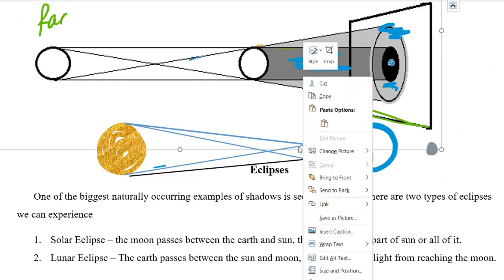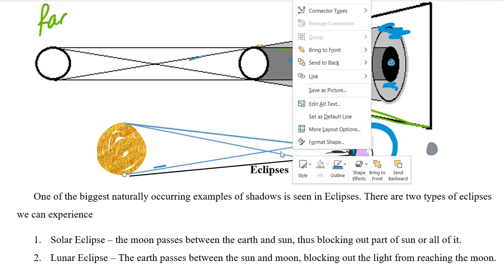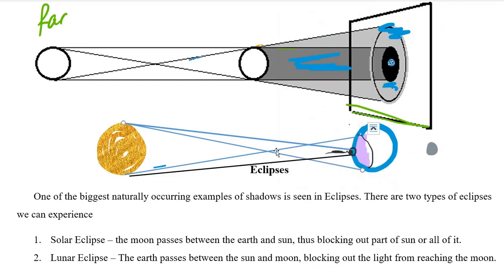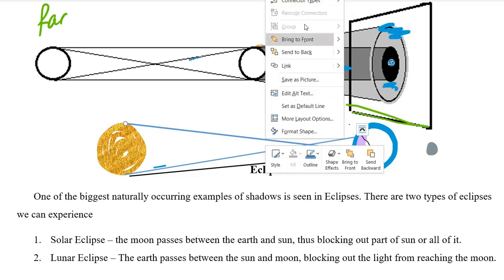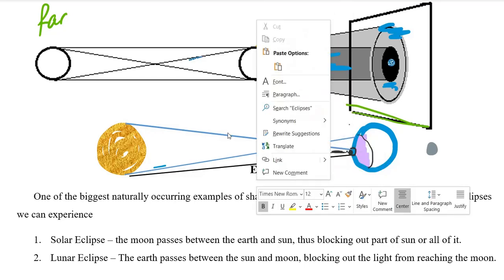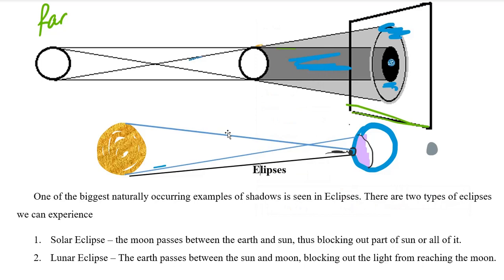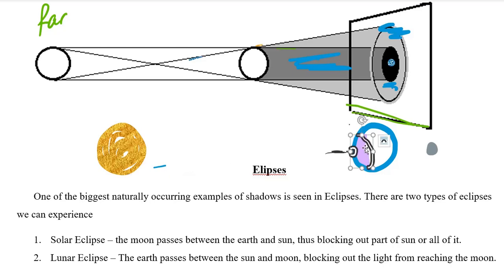This is a much simpler one because the Earth is so much larger. The Earth is 6 times larger than the moon. So let's get rid of these lines just so I can try to freehand a little bit.